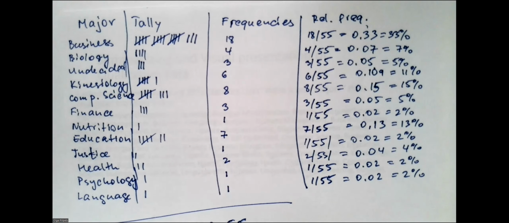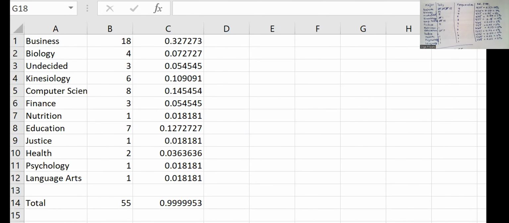So here I have this process completed. Now I would like to switch it over to a spreadsheet. So here's this same information in a spreadsheet, only I kept my decimals more accurate. I wanted to make a point that when you add up all of the fractions, you're gonna get approximately a 1.